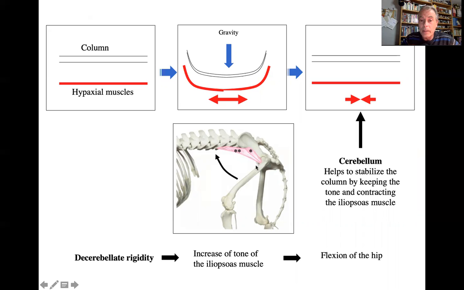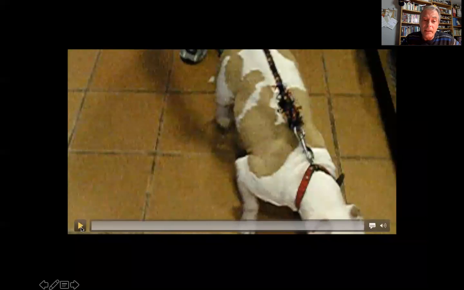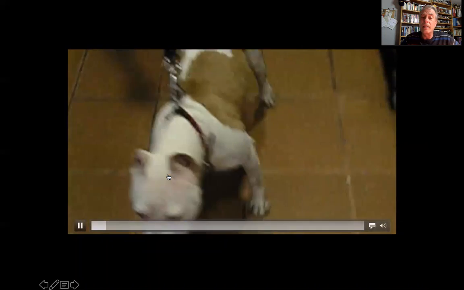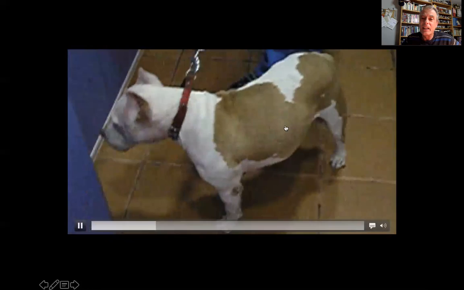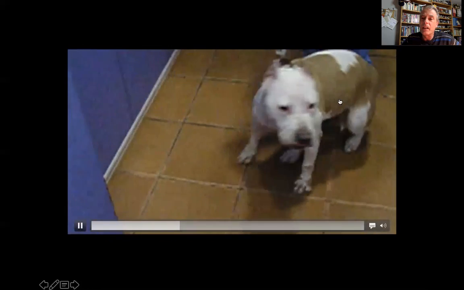What is going to happen? In cerebellar lesions, the cerebellum does not control this reflex of the hypaxial muscles, so we have an increased muscle tone of the hypaxial muscles, and one of them is the iliopsoas muscle. So we end up having a flexed hip. And I think this is why most of the animals that have a cerebellar lesion tend to flex the hip and fall down.